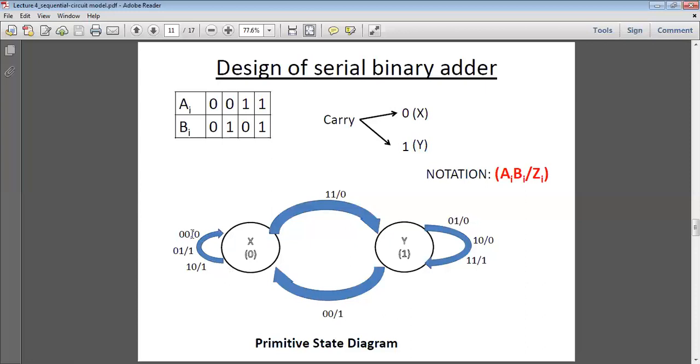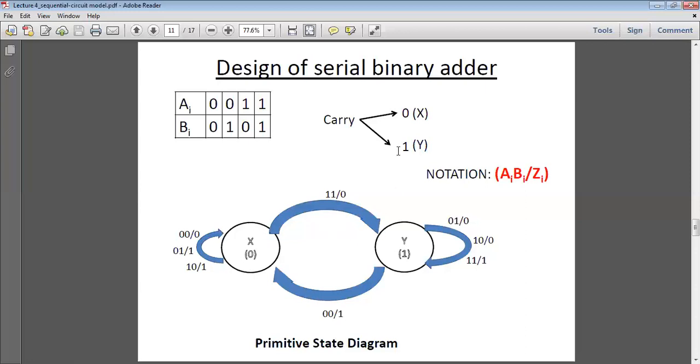So for these three cases, the carry is 0. And for the last case, 1 plus 1 is 1 0, so the result is 0 but the carry is 1. So when you give 1 1, the result is 0 and the carry goes from this state to this state, the carry is 1.